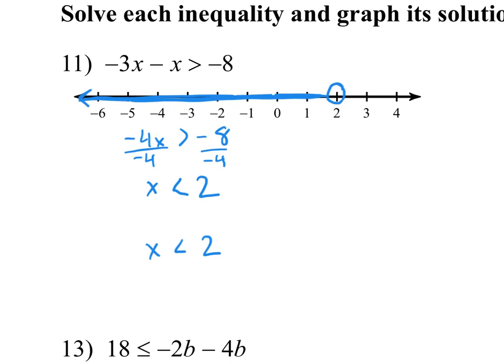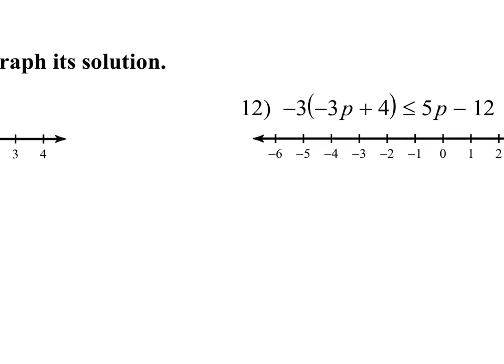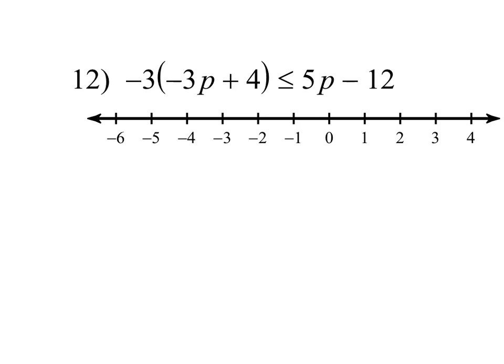All right, let's look at 12. What do we do first for 12? Distribute. So we distribute the negative 3 to negative 3p and to 4.